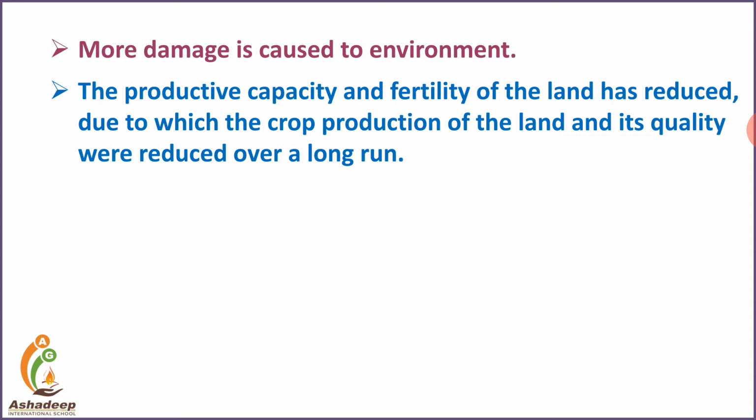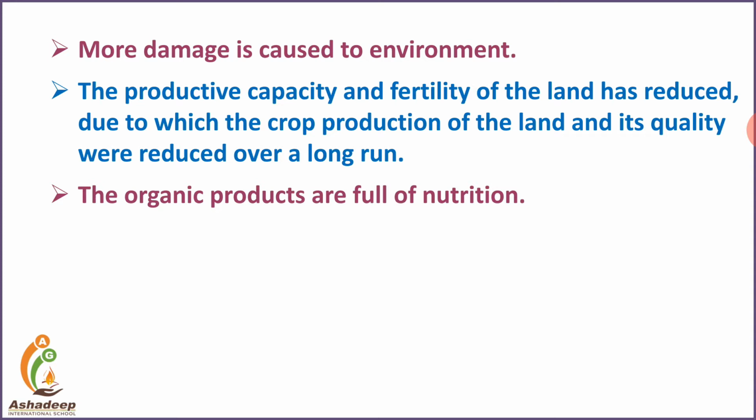As I told you, if we keep on using chemical fertilizers and insecticides in our farm for a longer period of time, a time will come when fertility, instead of improving, will go down and finally the crop production will also decrease.